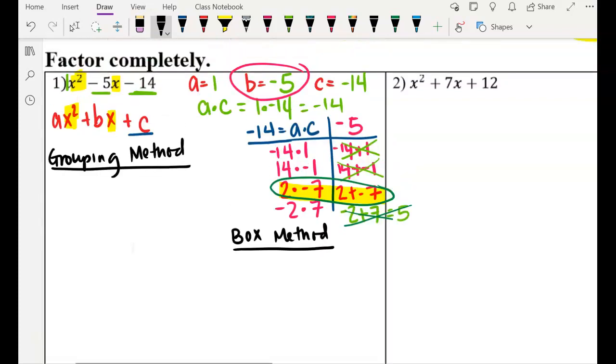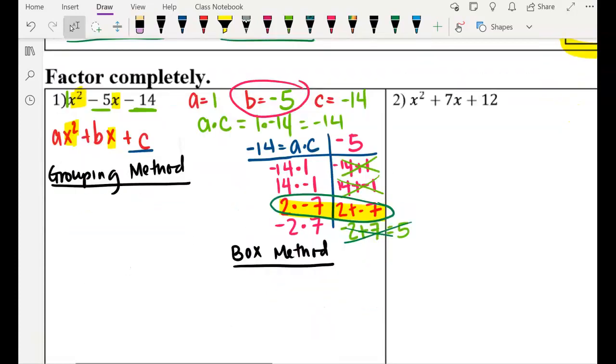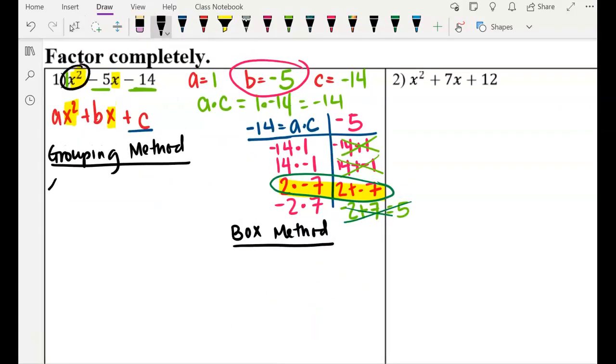For the grouping method, we're going to copy down the first term only here, okay? We're going to copy down the last term, space it out. In the middle, we need to have negative 5x, but we know we can break that up into 2x plus negative 7x, or 2x minus 7x.